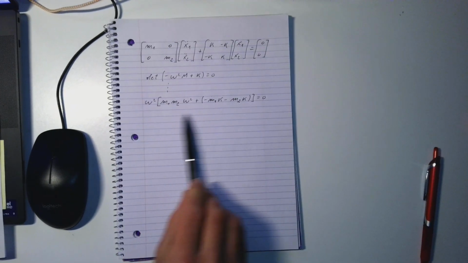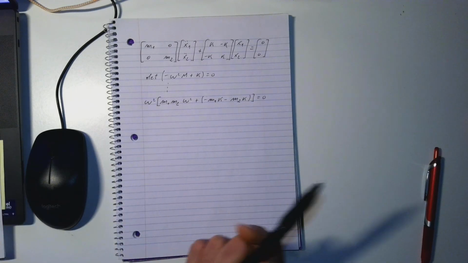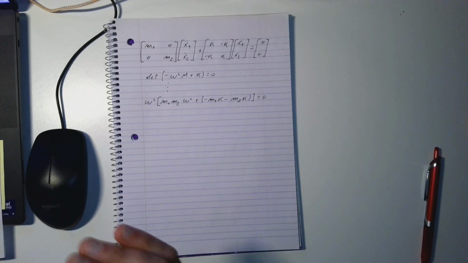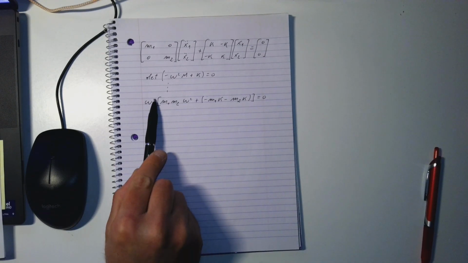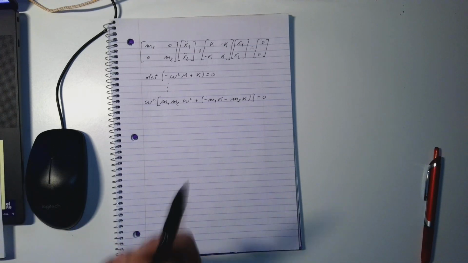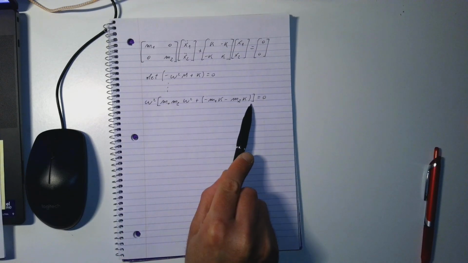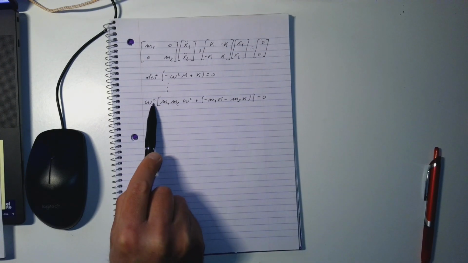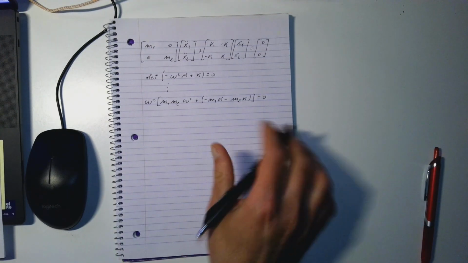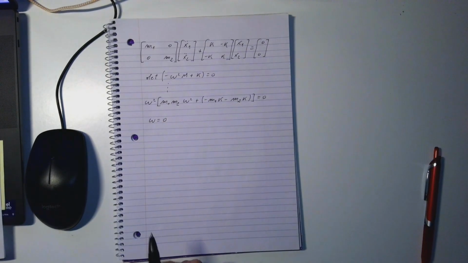Now, when we rewrite the equation in this way, we can quickly see that the first 2 solutions are actually plus or minus 0. Of course, plus or minus 0 physically doesn't have meaning. So we talk about 0 because this term multiplied by this term equal to 0 means that in order to have this equal to 0, omega must be equal to 0. So our first natural frequency is equal to 0.